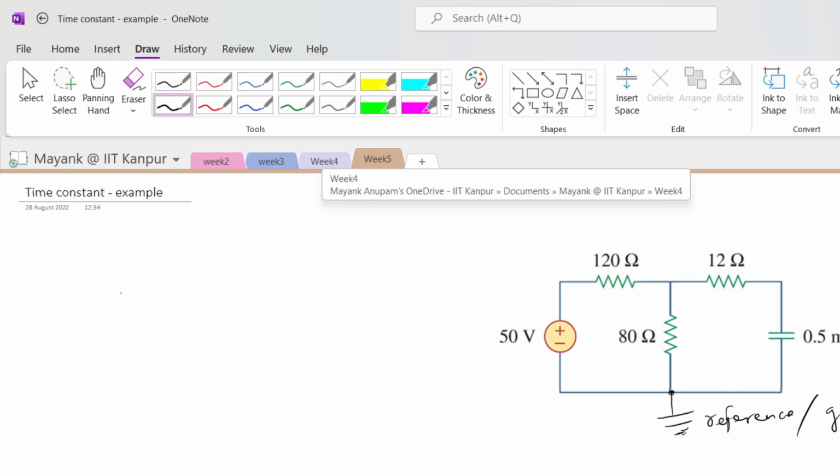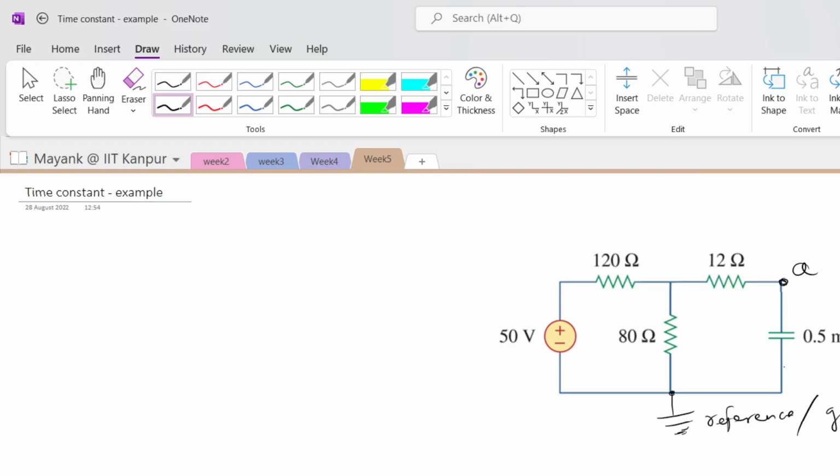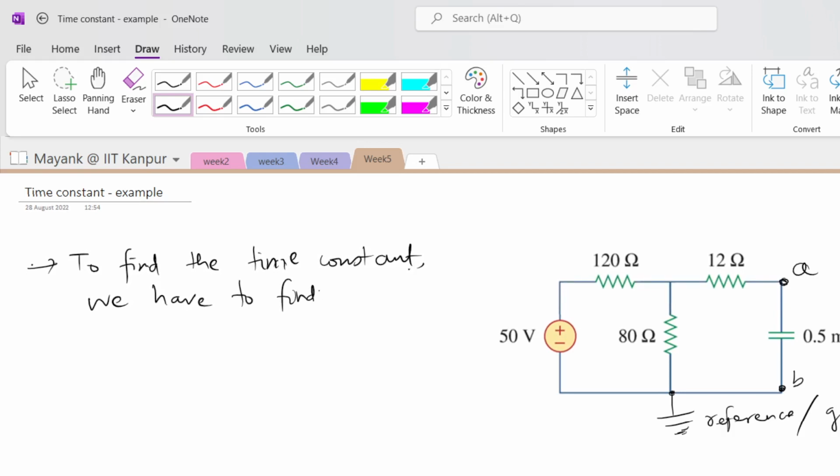For finding the Thevenin resistance between, let's say, this is terminal A and this is terminal B, I will write it here. To find the time constant, we have to, okay, hold on a second.